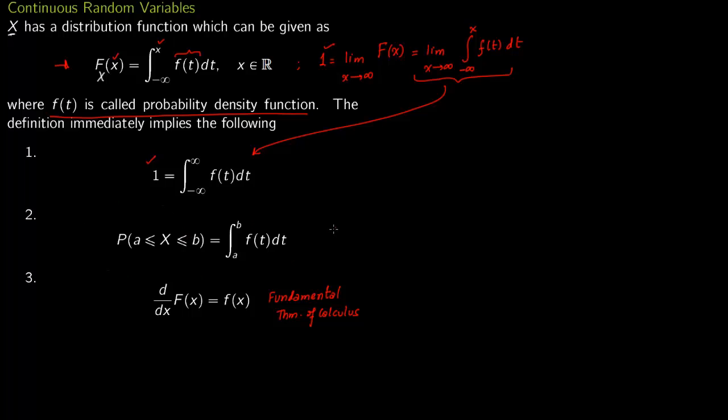Now this property 2 implies a very important property, that probability of x equals a, that is x equals a, is also a less than or equal to x, and x is less than or equal to a. So this will be equal to integral from a to a of f of t dt, and this will be 0 because you're integrating just a point. And notice that in continuous case probability of x equals to some point a is 0, but in discrete case this is not true.